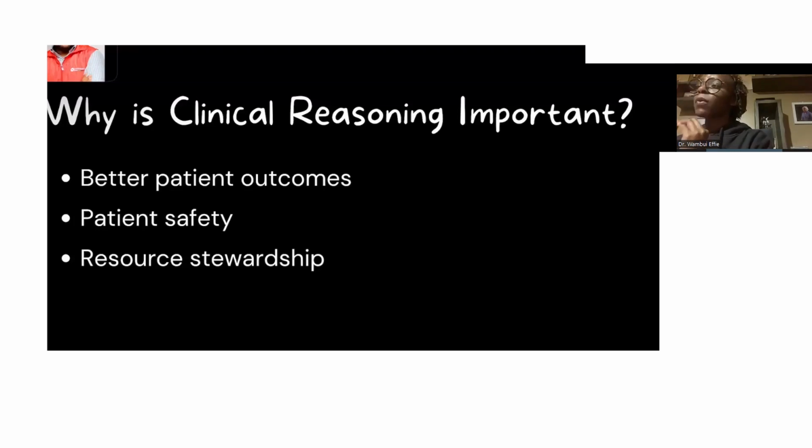So whenever anyone questions you on why you did this for the patient, it's because these are the standards of care, and these are the expected outcomes based off this standard of care. And if there are any side effects, we're able to anticipate them and mitigate against them. And again, resource stewardship. And this is just resources, not just in terms of finances, but also human resources.